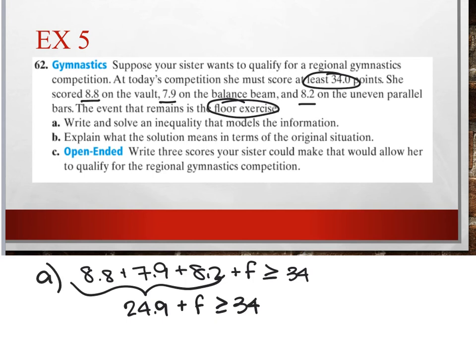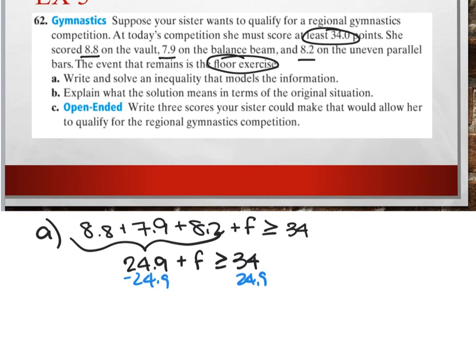So I'm going to solve for F by subtracting 24.9 from both sides. And when we do this, we can see that F has to be greater than or equal to 9.1. So this means that she has to get a score of at least a 9.1 on the floor exercise.